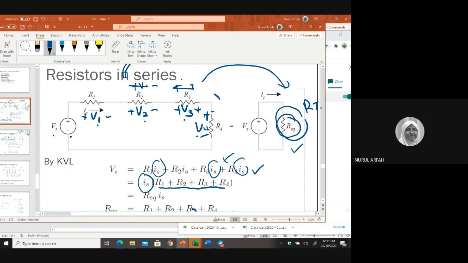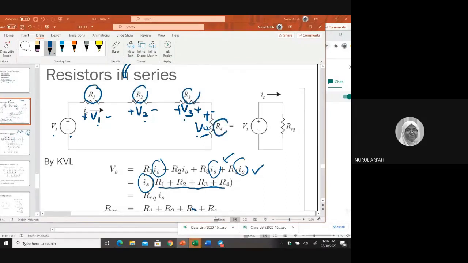No, right? It's a no. Because they are in series, it depends on the value of R1, R2, R3, and R4. Then the voltage across them will drop according to their value.